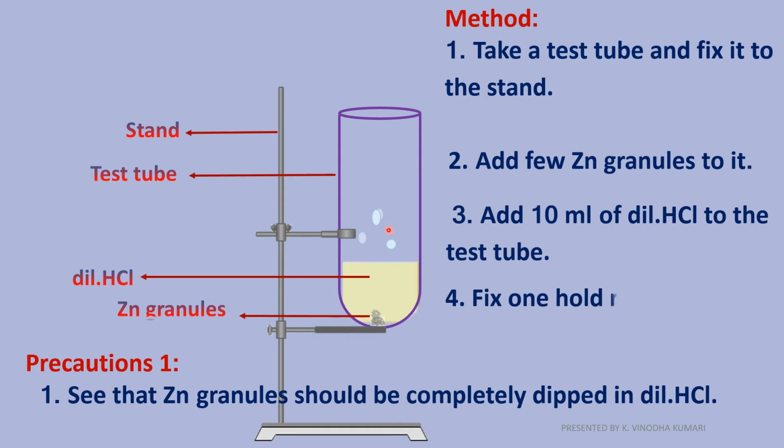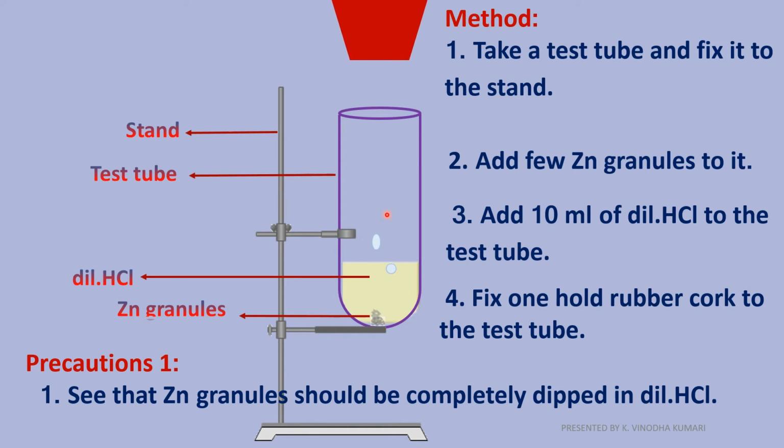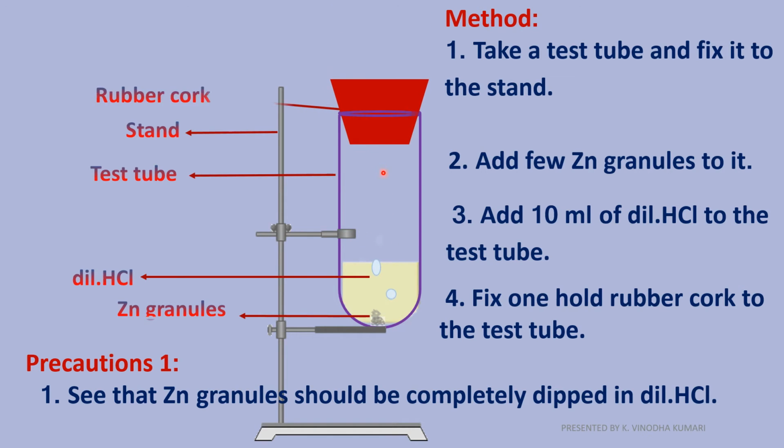Now we have to fix a one hole rubber cork to the test tube. Let us fix the one hole rubber cork to the test tube. This is the rubber cork which is having one hole, and to that hole we have to fix a delivery tube.